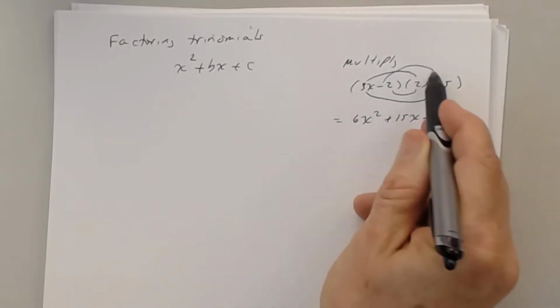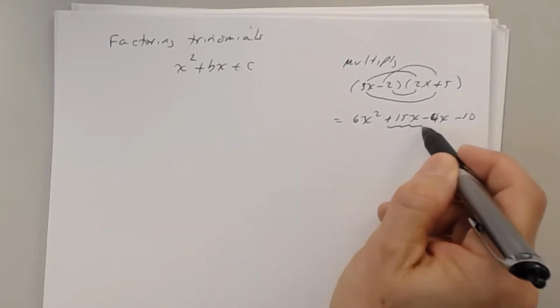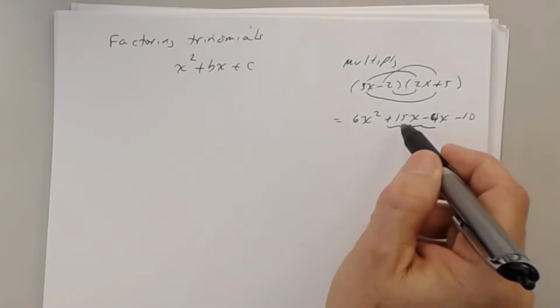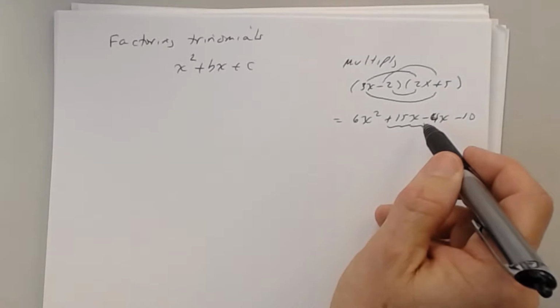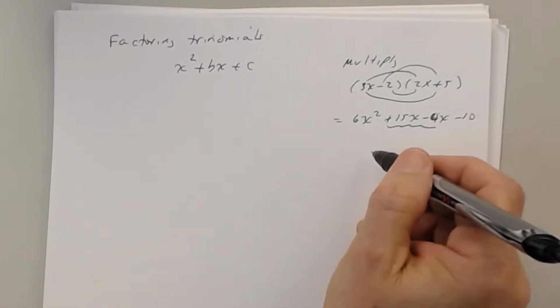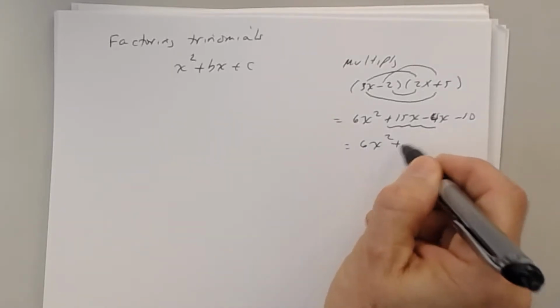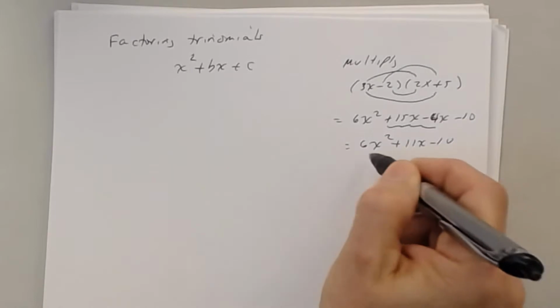And the last is negative 10. Combining like terms, the outer and the inner I can combine. What's a positive 15x and a negative 4x? Positive 11x. So I get 6x squared plus 11x minus 10.